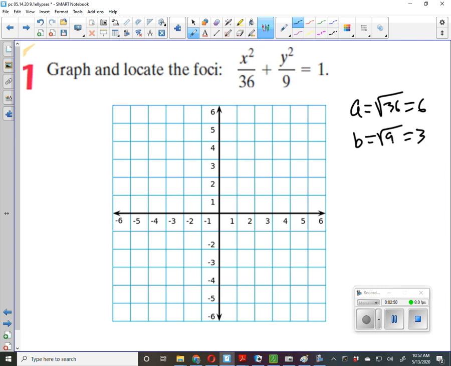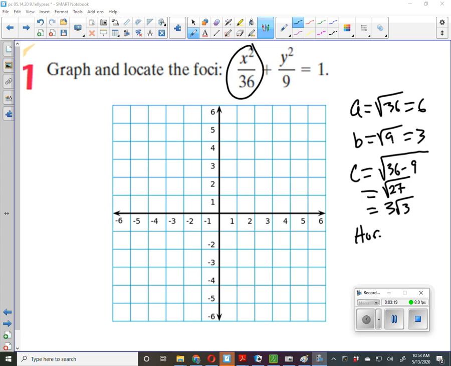I know that c is equal to the square root, based on the formula on the previous page, of a squared minus b squared, 36 minus 9, or the square root of 27, which equals 3 root 3. By the way, we know this is going to be a horizontal ellipse because the larger number is under the x squared.